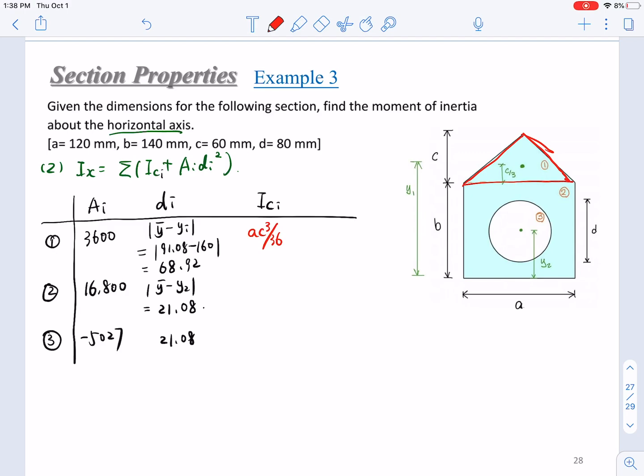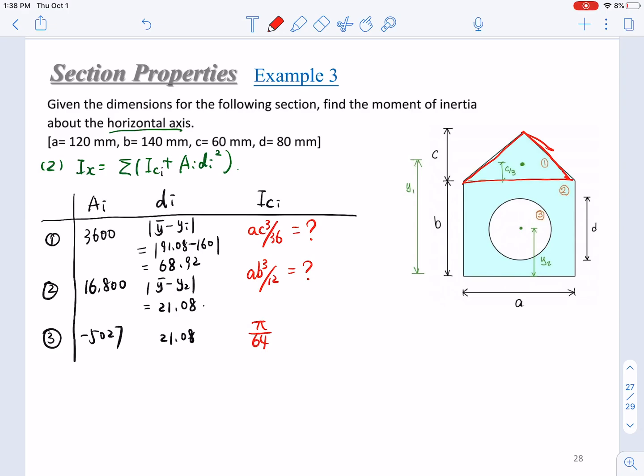What is the value? Okay, then for this area 2 will be just AB cube over 12. What is the value? And for the circle, it will be pi over 64, d to the fourth.